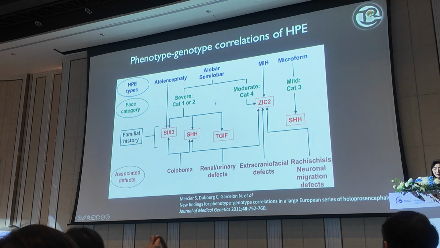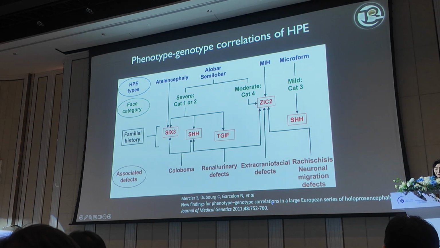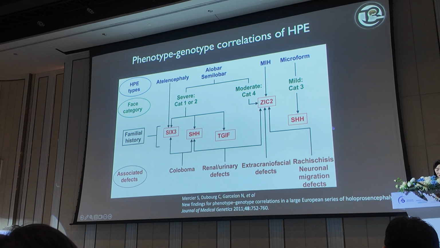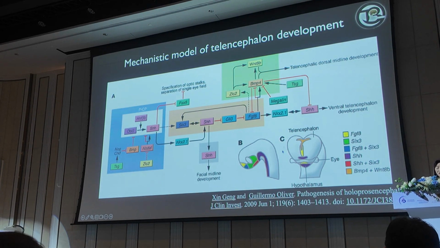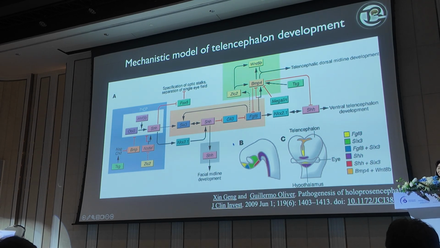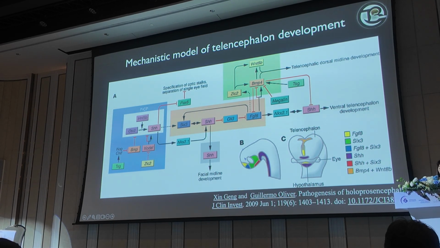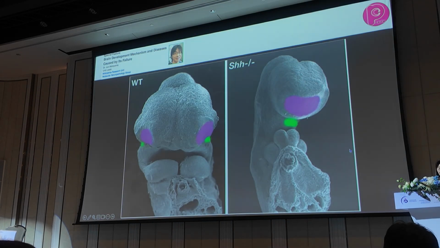Now, this is the phenotype-genotype correlation of holoprosencephaly, and this figure shows how those genes are related and lead to the development of the malformations of holoprosencephaly.